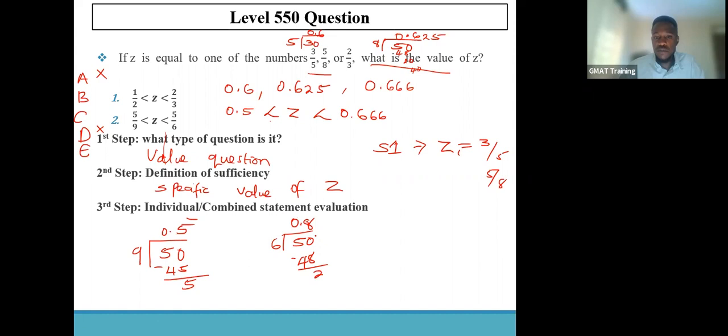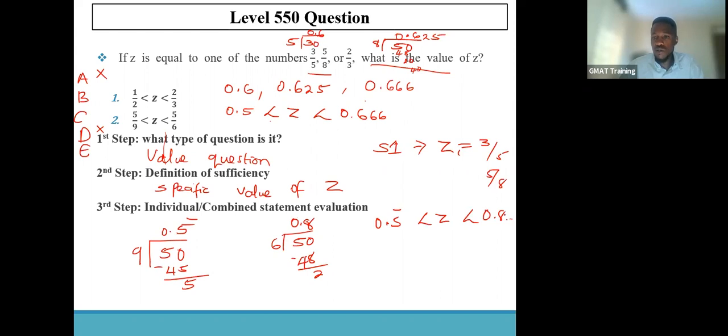0.8 would definitely be a value greater than the three values that are given in the question stem, that is 0.6, 0.625, and 0.66. None of them is greater than 0.8 or equal to 0.8. So the three of them do satisfy the condition set by statement 2, that is 0.5 recurring is less than z, which is less than 0.8.